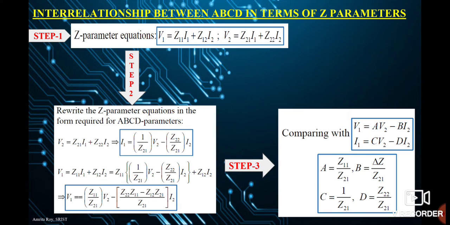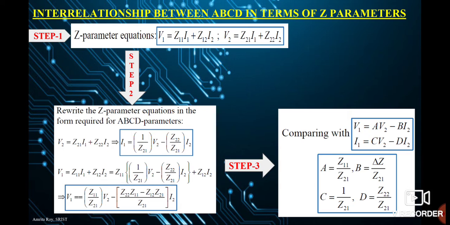Similarly for V1 we know that it is Z11 into I1 plus Z12 into I2. So now if we substitute the value of I1 in V1, it will give us Z11 into 1 by Z21 into V2 minus Z22 by Z21 into I2 plus Z12 into I2.